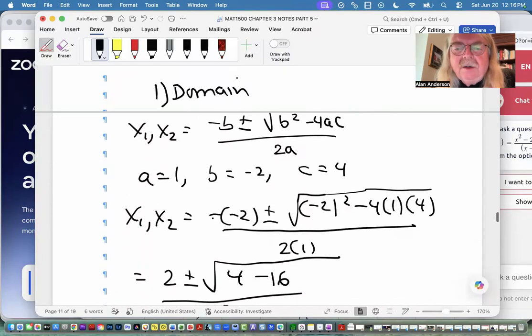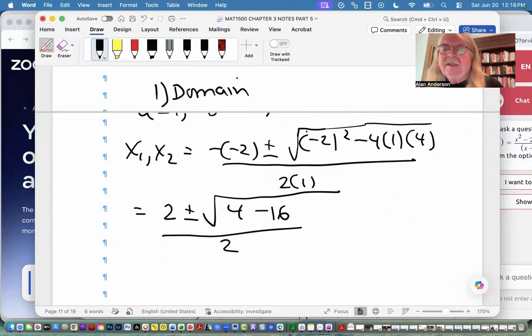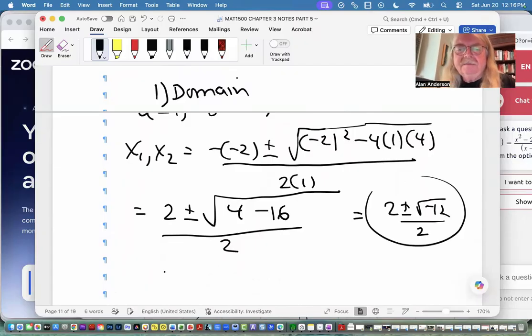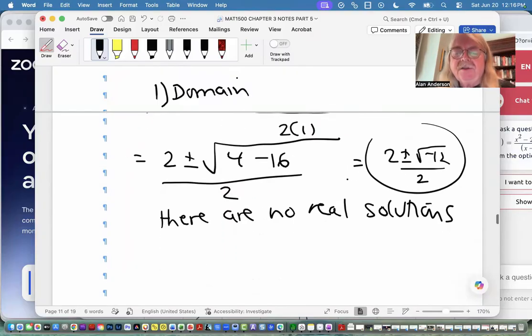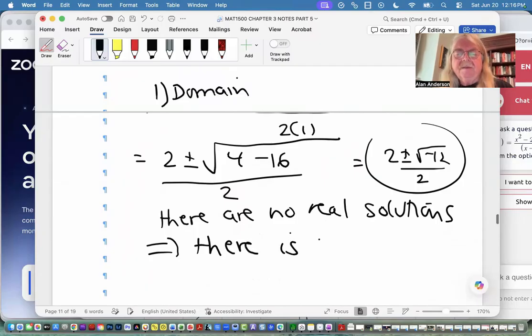We're not going to end up with any real solutions. You can see because I've got the square root of negative 12 here. So in other words, there aren't any x's that satisfy this equation, at least not real x's. And so therefore, there is no horizontal intercept.